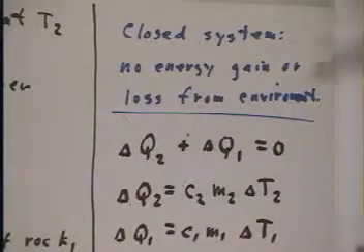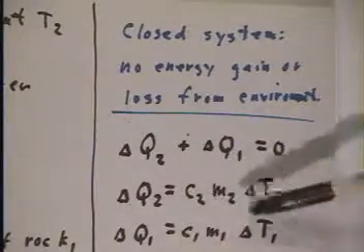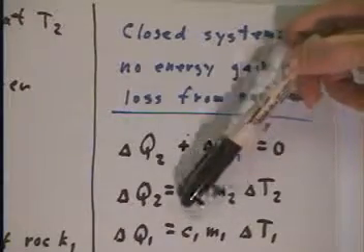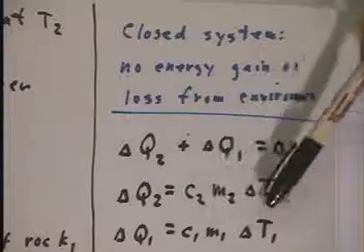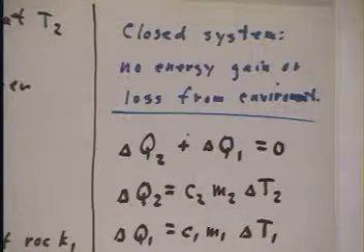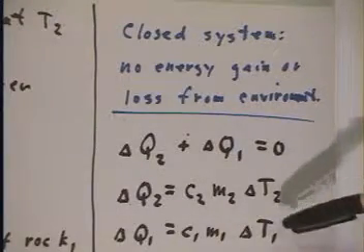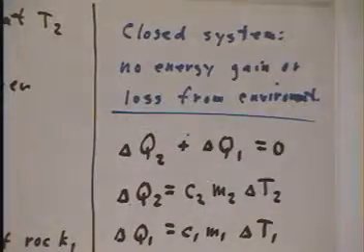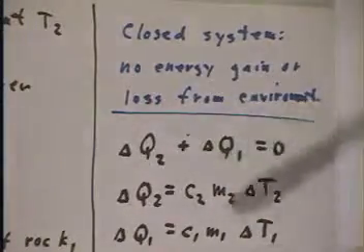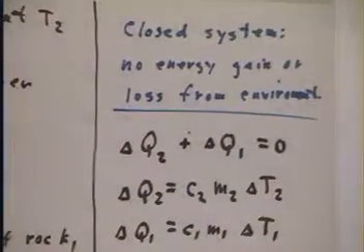Okay, and then delta Q1 is the same thing for the water. The 4.18 joules or 4.19 joules per gram Celsius degree multiplied by the number of grams of water multiplied by the temperature change of the water. These two quantities obey this conservation of energy law.